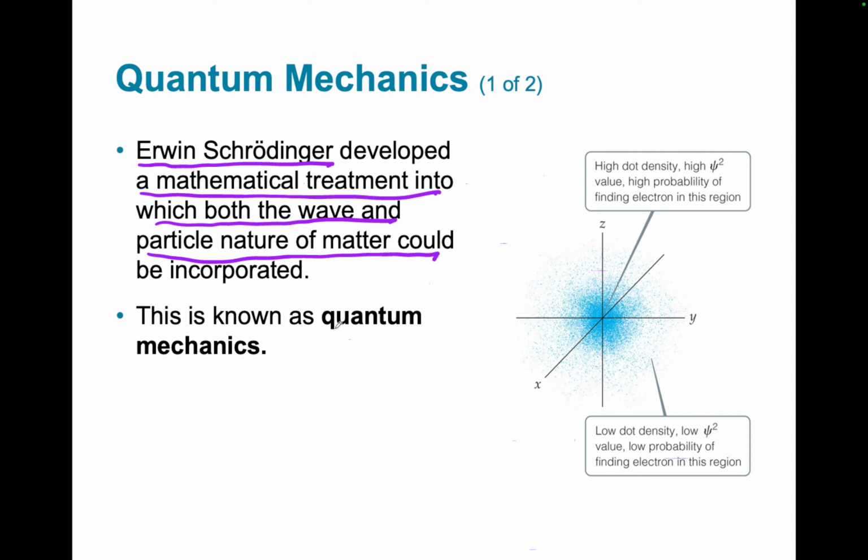This came to be known as the field of quantum mechanics. Quantum mechanics is always the in thing right now, because we have quantum computing and quantum mania and that kind of stuff. And really all quantum mechanics is trying to do is determine the most likely place an electron might be, right?